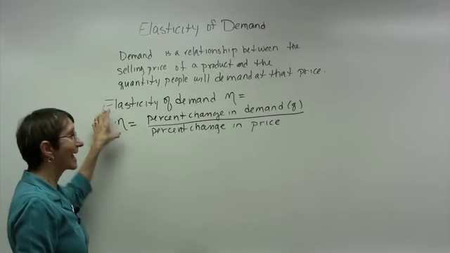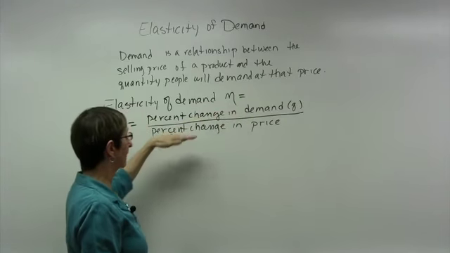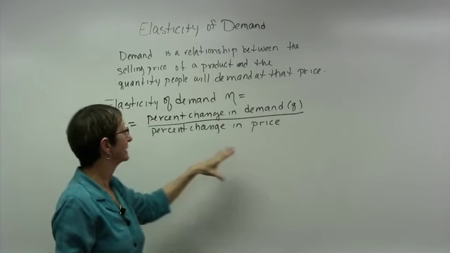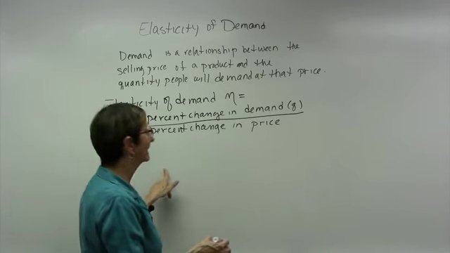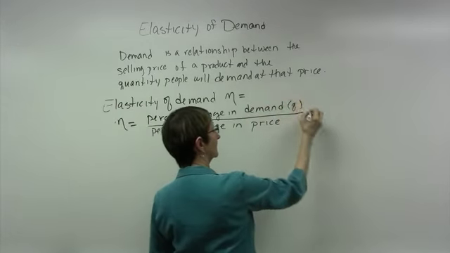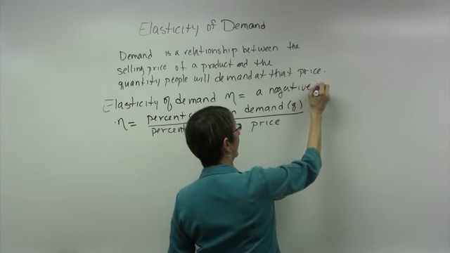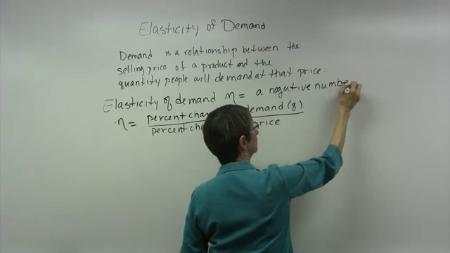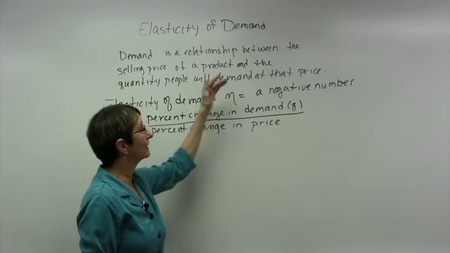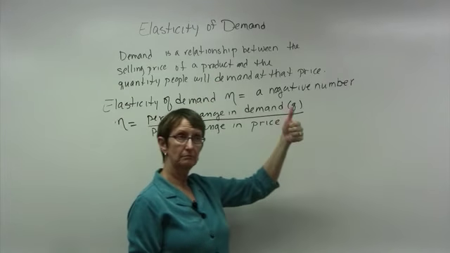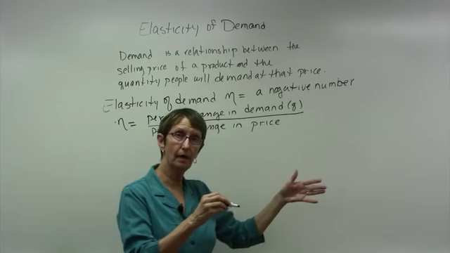Now, eta has no units. We'll have a percent on top, we'll have a percent on the bottom. So eta itself is just a number. And it will always be negative, because remember about demand: if price increases, the demand goes down. If prices are lowered, demand goes up.